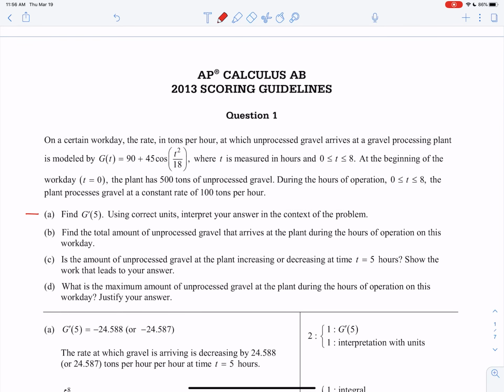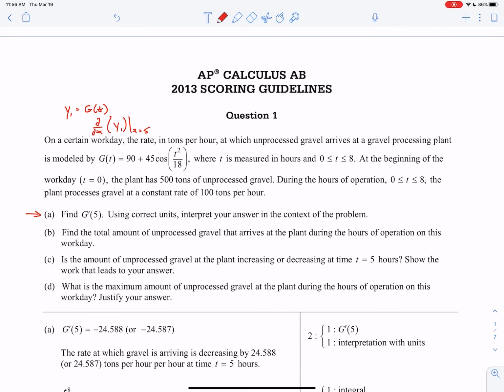Part A, they're asking us to find g prime of 5. That is probably the most straightforward question here. You have g, you need to evaluate g prime of 5. So once you program g of t in as y1, all you have to do is go to your home screen, math 8, d over dx of y1, and evaluate that at x equals 5.